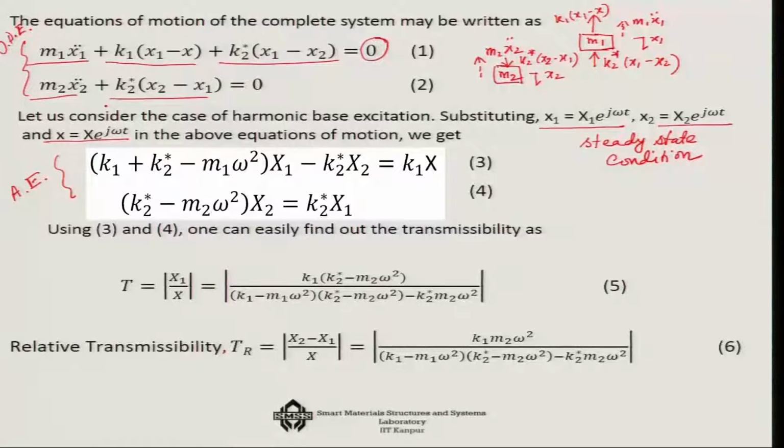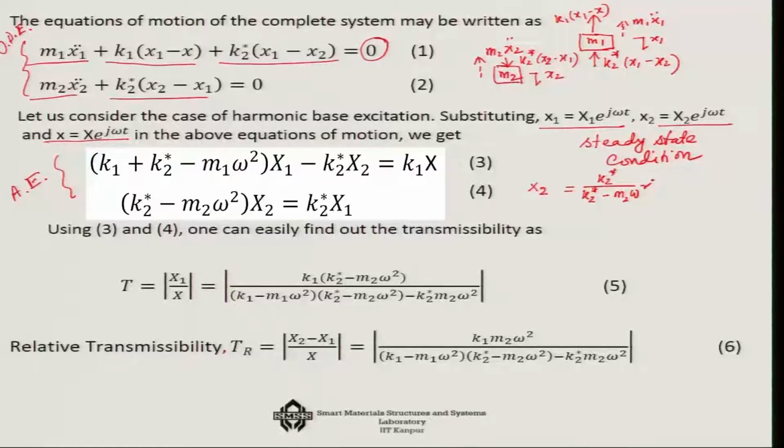Now, using these 3 and 4, it is just a matter of elimination, I can easily find out what x1 over x is. First of all, you need to note down that x2 is actually K2 star over K2 star minus M2 omega square, times x1, and then you use it in the first equation. So, you should be able to get a relationship.